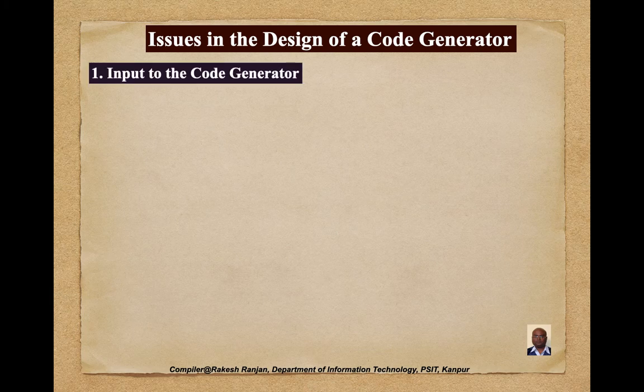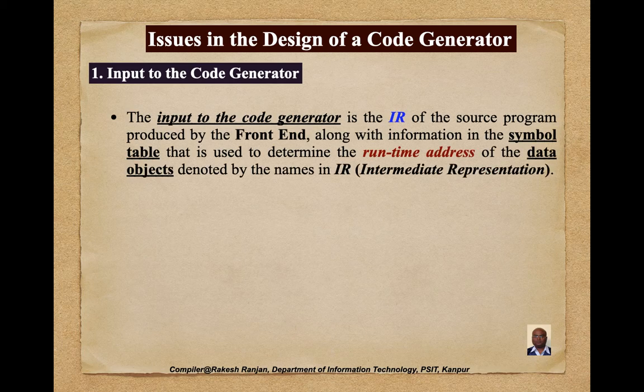So what are the issues in the design of a code generator? First, the issue is the input of the code generator. The input to the code generator is the IR, the intermediate representation of the source program produced by the front end, along with the information from the symbol table, which is used to determine the runtime address of the data object denoted by the IR.